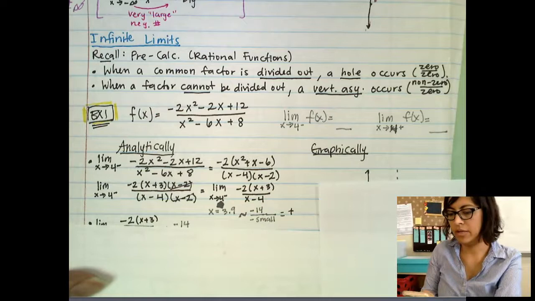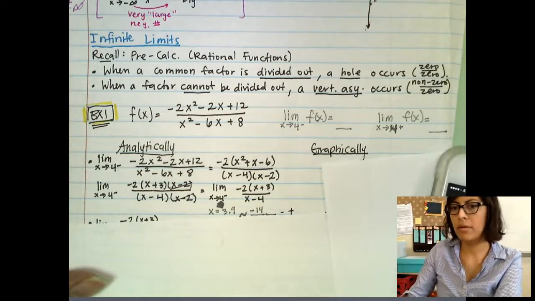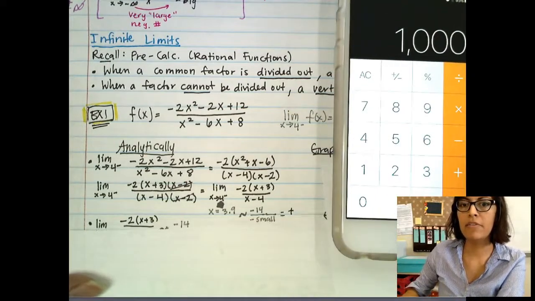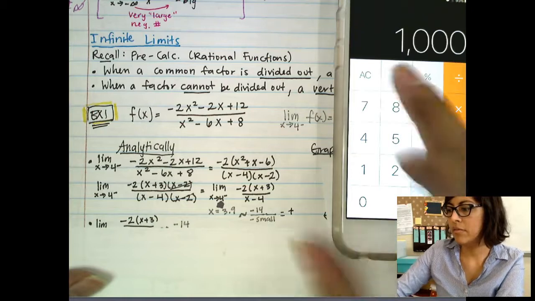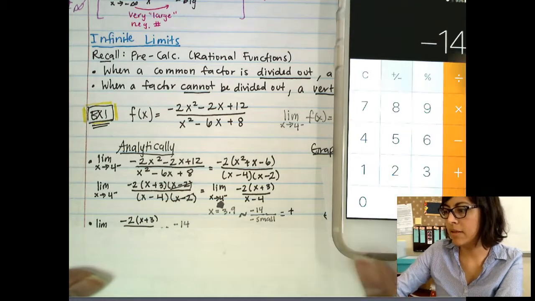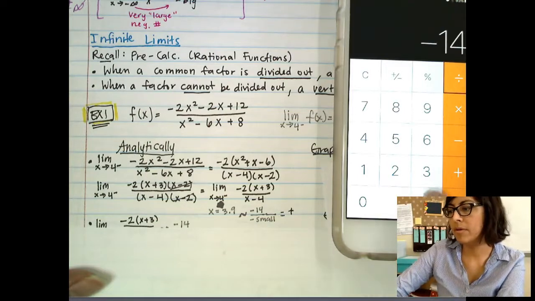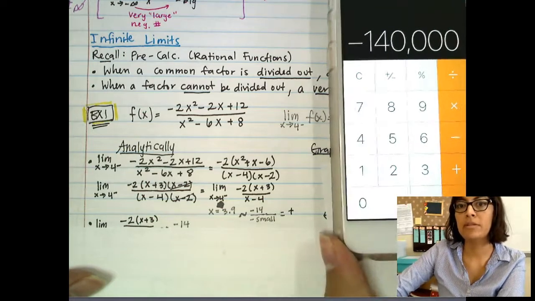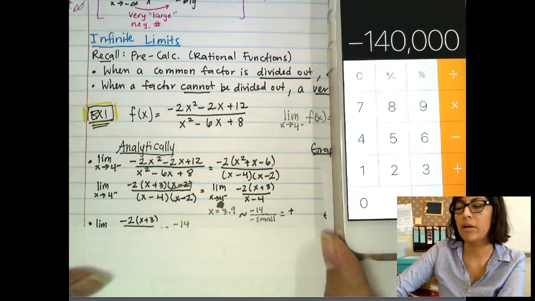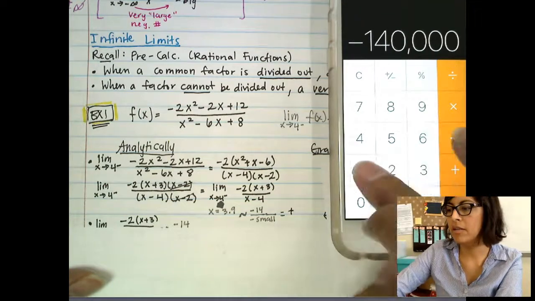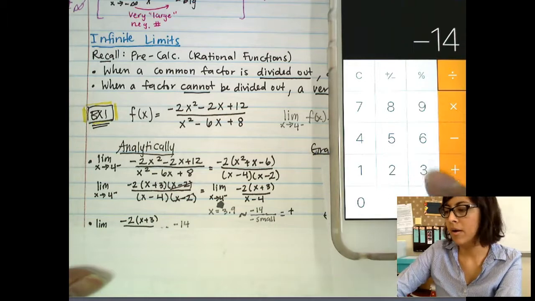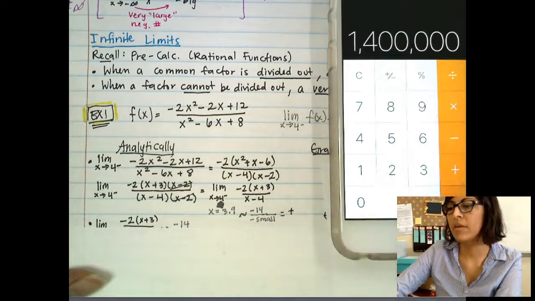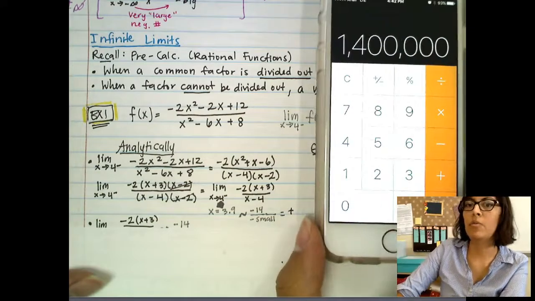I will show you on my calculator phone. Negative 14 divided by a very small negative number, say 0.0001, gives us a very large number, 1 million.